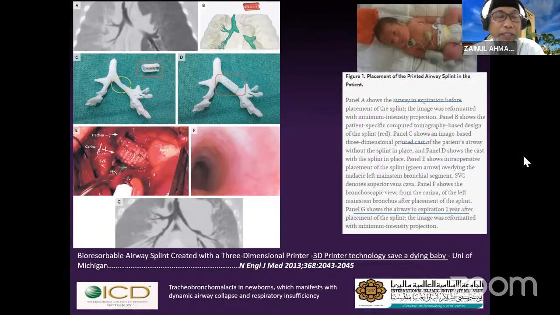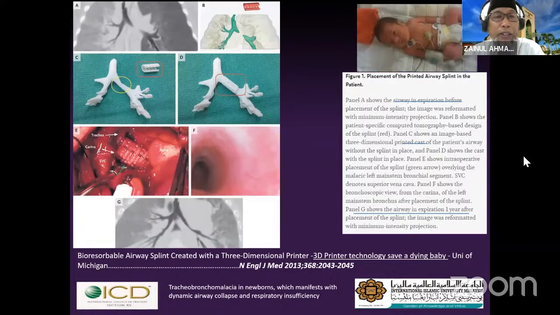A CT scan was done, and a 3D reformatted image is shown here. There is a collapse of the airway passage when the patient aspirates. So aspiration is done, and we can see there is a blockage of the airway.